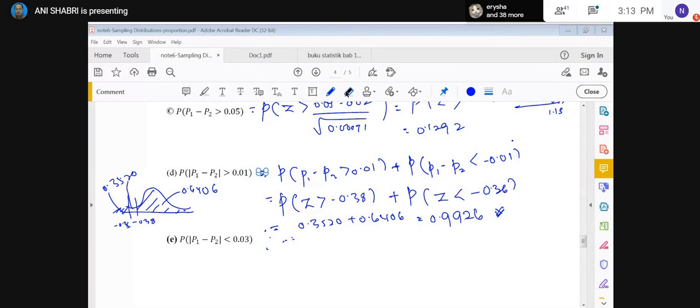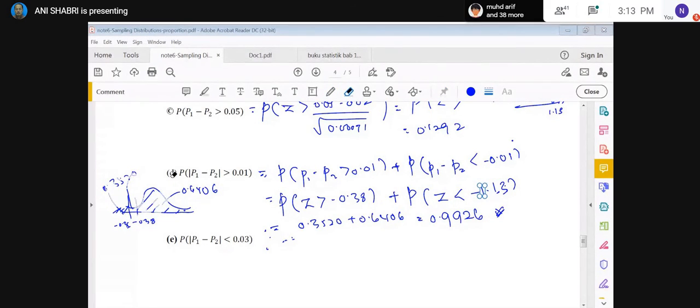Okay, the correction is salah satu salah. 376 sini 1.13. Okay, 1.13, negatif 1.13. Okay, this one is wrong.